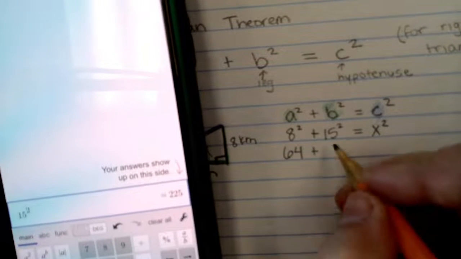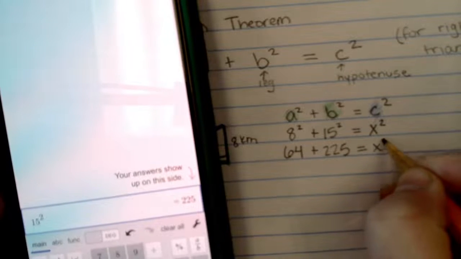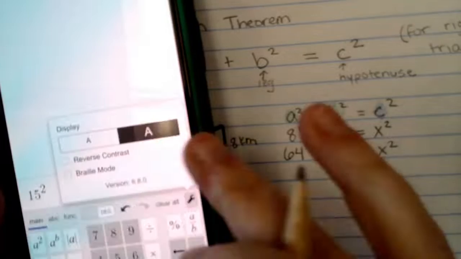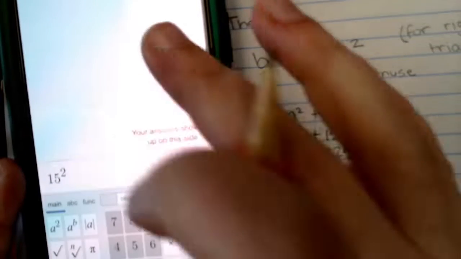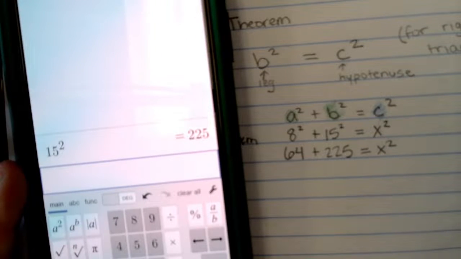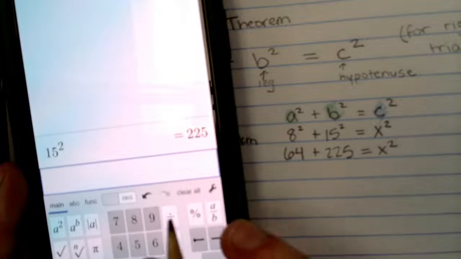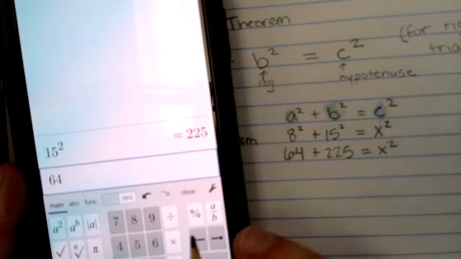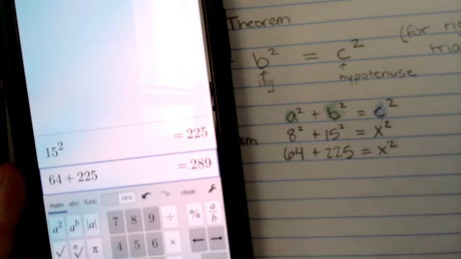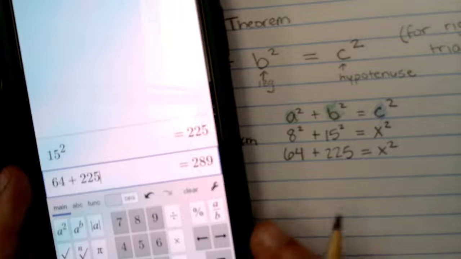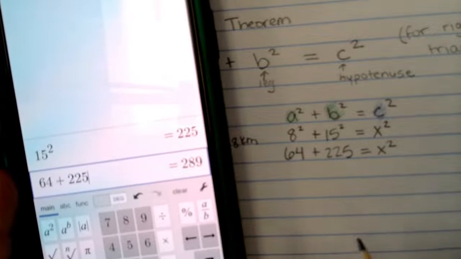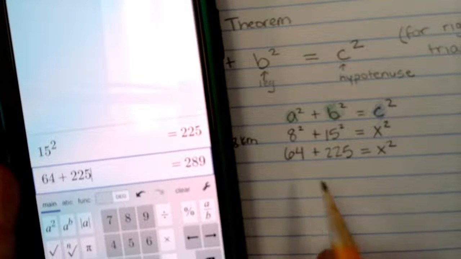Alright, what is 64 plus 225? 289. Now we might feel like that's our hypotenuse, but remember that's x squared. And we talked a lot about this squared in that last lesson. How do we undo a squared? Square root it, yep. If I square root one side, we square root the other.